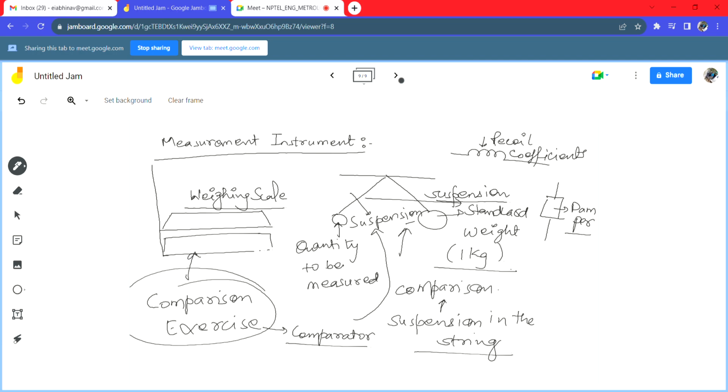But we will have to store the energy in some mechanical form to do the comparison. This is the work of a comparator.